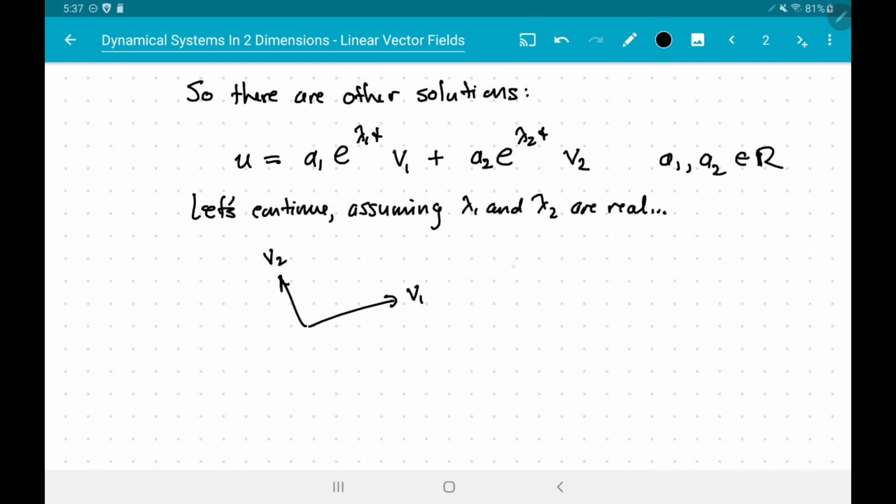And I'm going to suppose that lambda 1 is greater than 0 and that lambda 2 is greater than lambda 1. So there are solutions that grow along a line parallel to v1 and solutions that grow along a line parallel to v2. And because lambda 2 is greater, they will grow faster in the v2 direction.